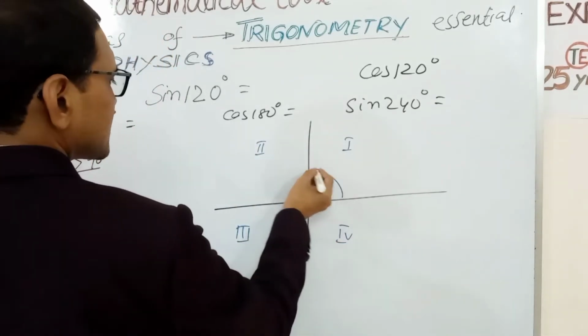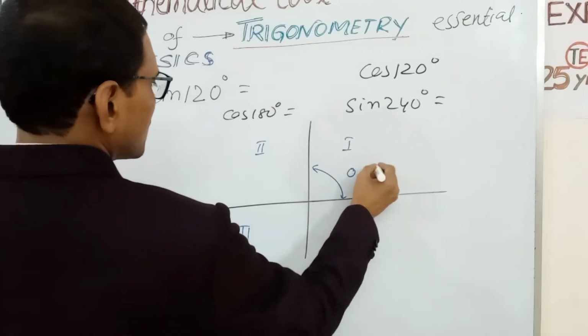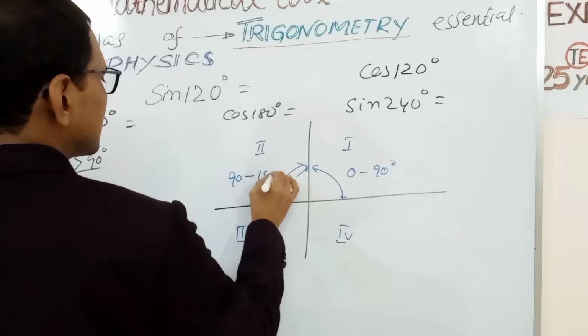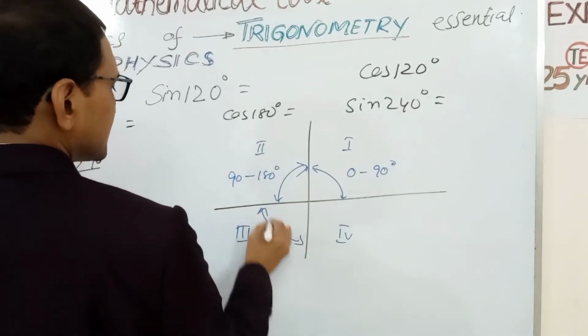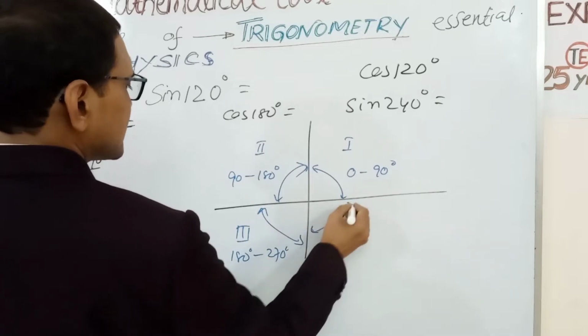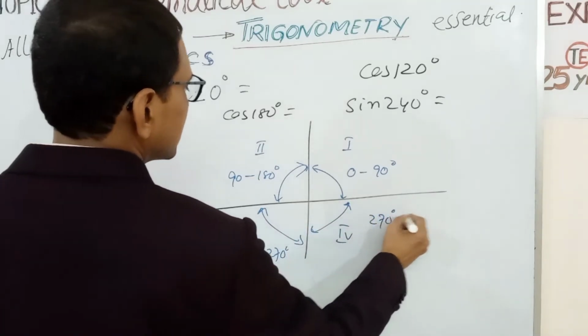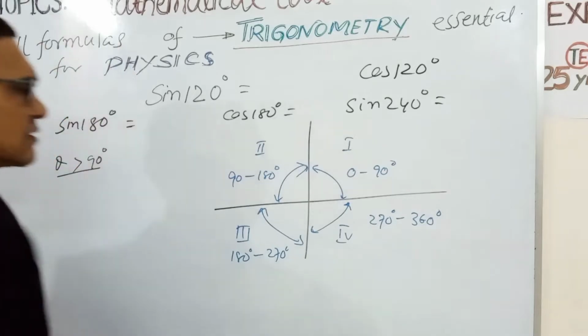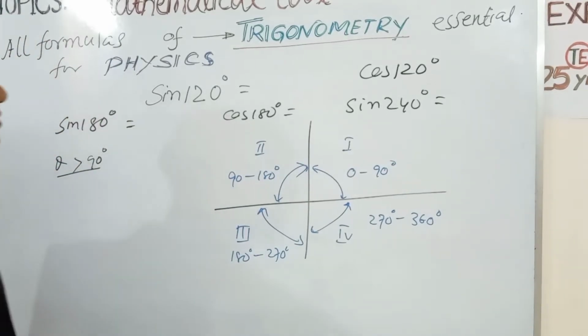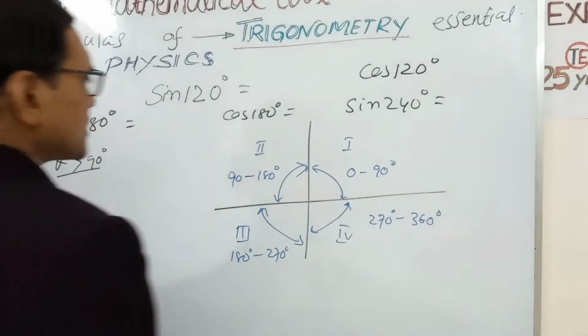The first quadrant is 0 to 90 degree, this quadrant is 90 to 180 degree, this is 180 degree to 270 degree, and this quadrant is 270 to 360 degrees. So divide 360 into 4 quadrants, 90 degree for each quadrant.